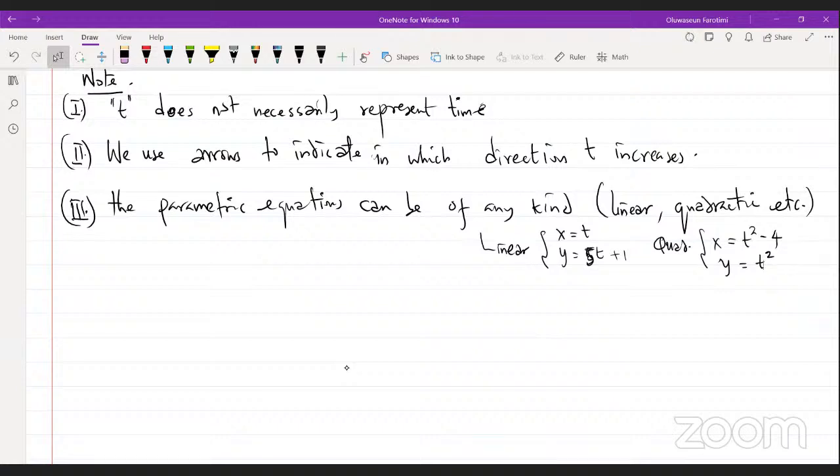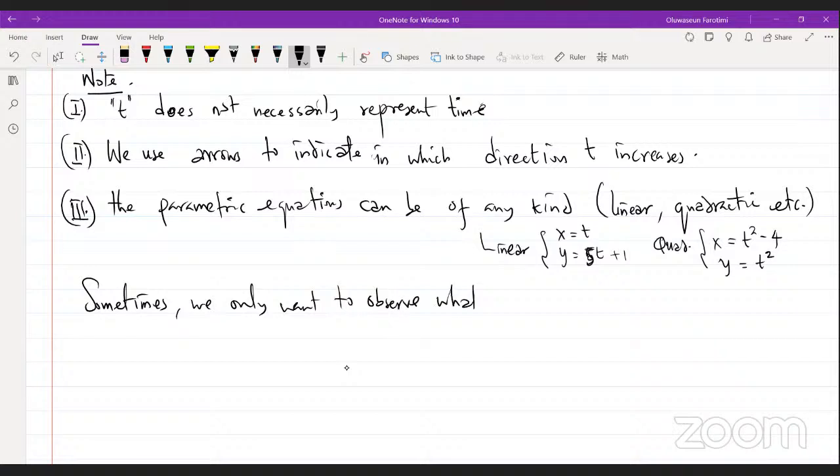Okay, so now it's important to say, sometimes we're talking about t, what if t is restricted to a particular interval? Sometimes we only want to observe what happens over a certain interval.